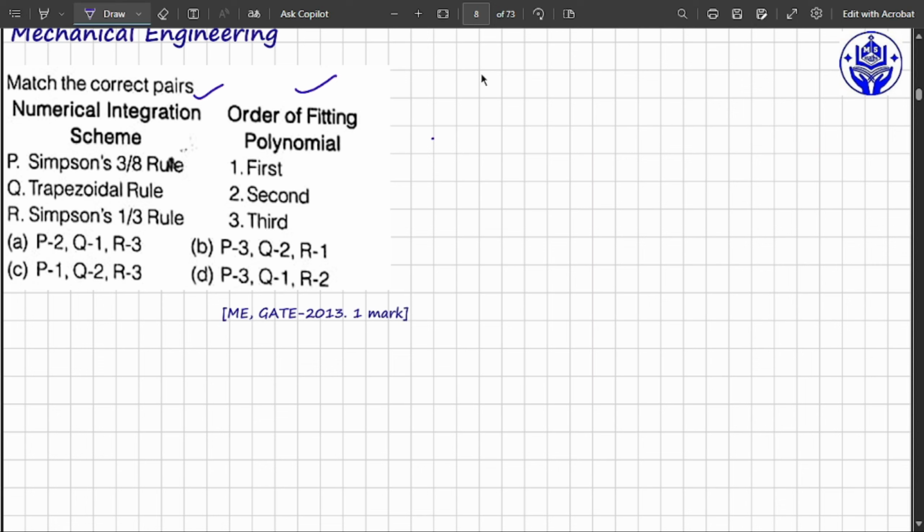It is very clear. Whenever you have numerical integration, just note down that trapezoidal will give the accurate answer only on a linear polynomial.